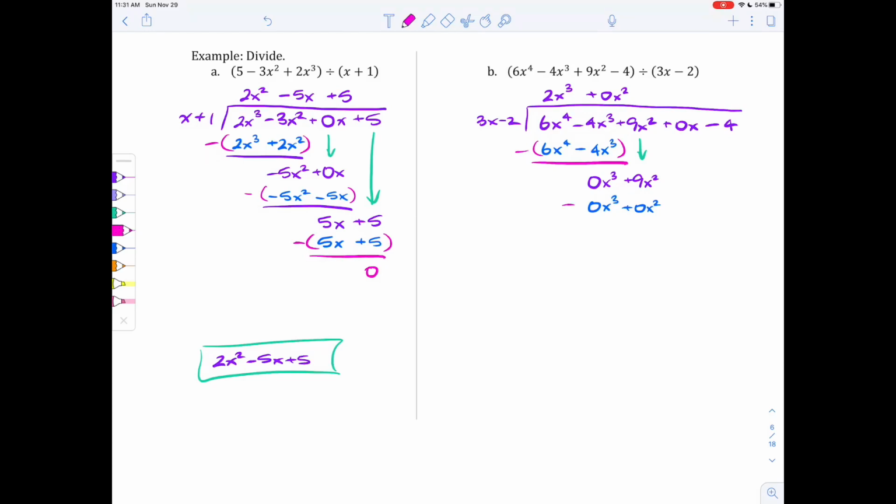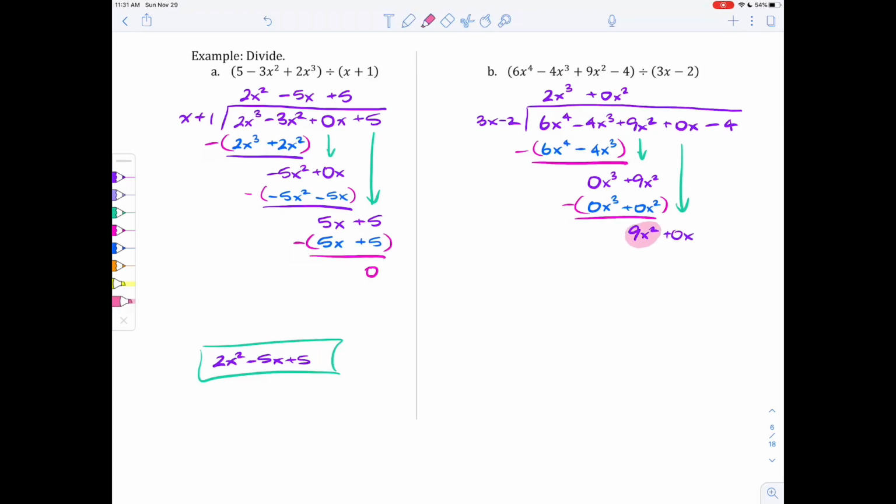We're going to subtract this whole thing, which in this case is going to give us that. We drop the next term to attach over to it.